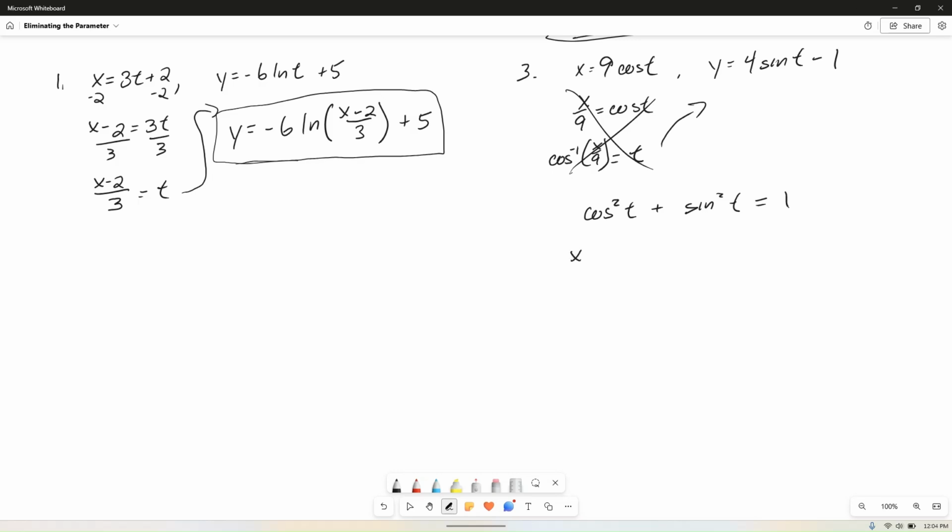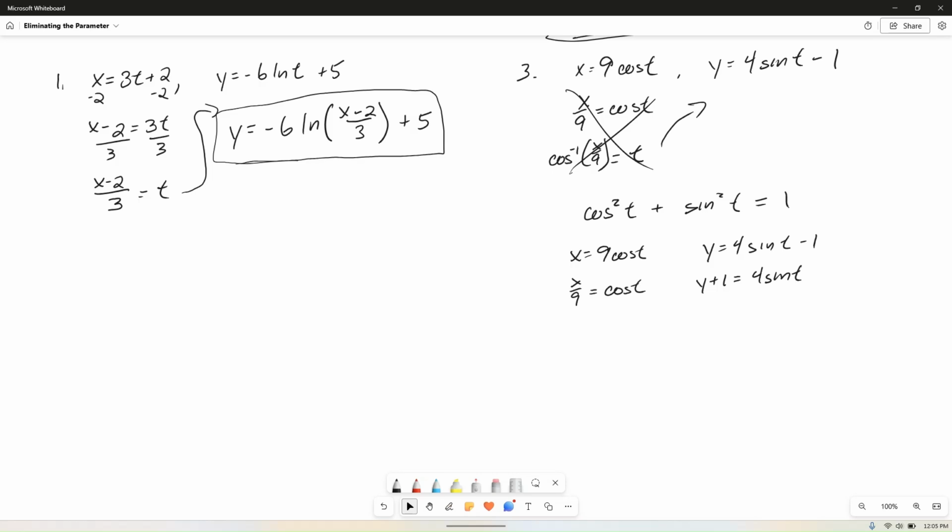So if we have x equals 9 cosine of t, that means cosine of t is equal to x over 9. And if we do the same thing for the y equation, y equals 4 sine of t minus 1, if we add the 1 to both sides, we'll have y plus 1 is equal to 4 sine of t.